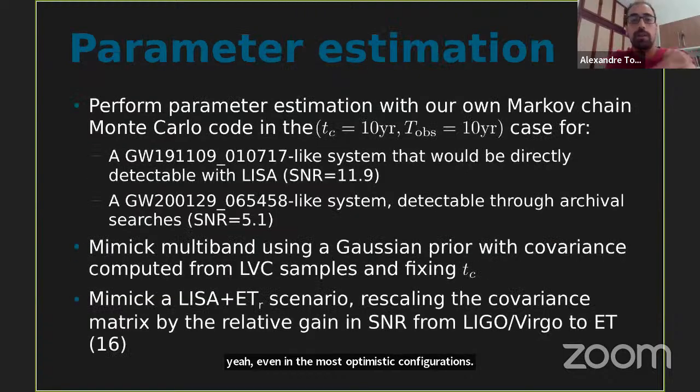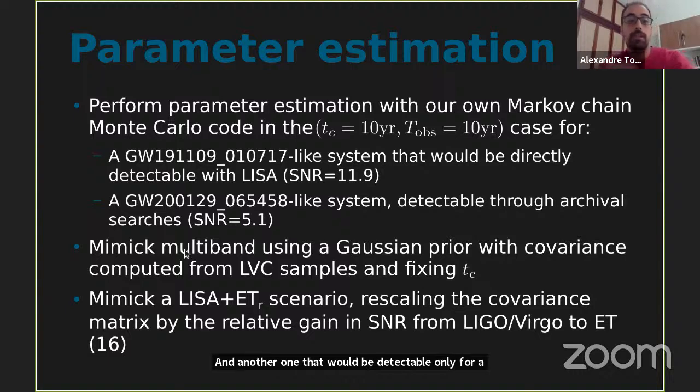Okay, so now addressing the question of parameter estimation for some of these systems, we focus on the most optimistic case, and we consider one system that would be directly detectable with LISA, and another one that would be detectable only through archival searches.